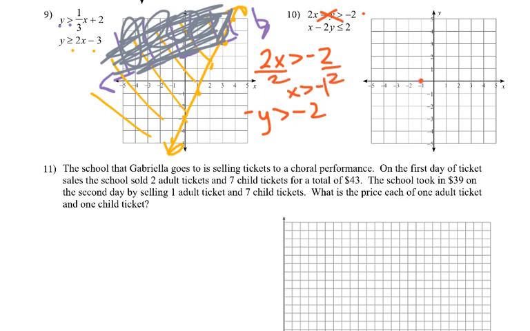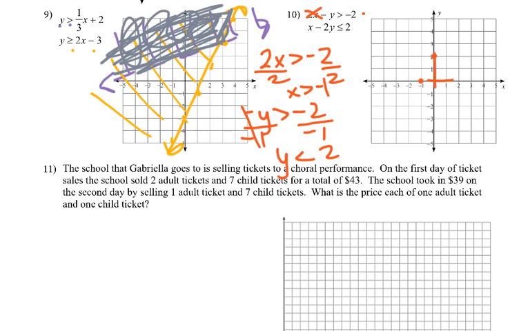So negative 1, and x is greater, so we're going to shade that direction. Then the second part, negative y is greater than negative 2. That's if we got rid of the 2x. Divide by negative 1. Dividing by a negative in an inequality changes the inequality, and I'd get y is less than 2. So on the y-axis, positive 2.